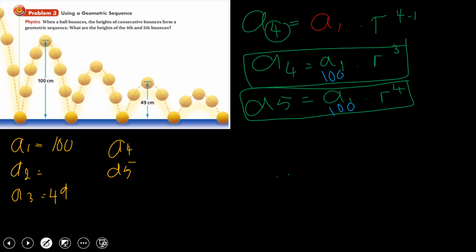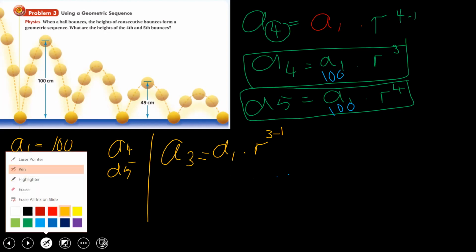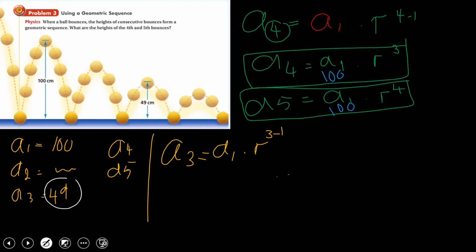So what I have to do is write another equation. Let's have it: a sub 3 is a sub 1 times r raised to the power 3 minus 1. Is it right? Yes, here I have a 3, so I say 3 minus 1. Then a sub 3 is known.